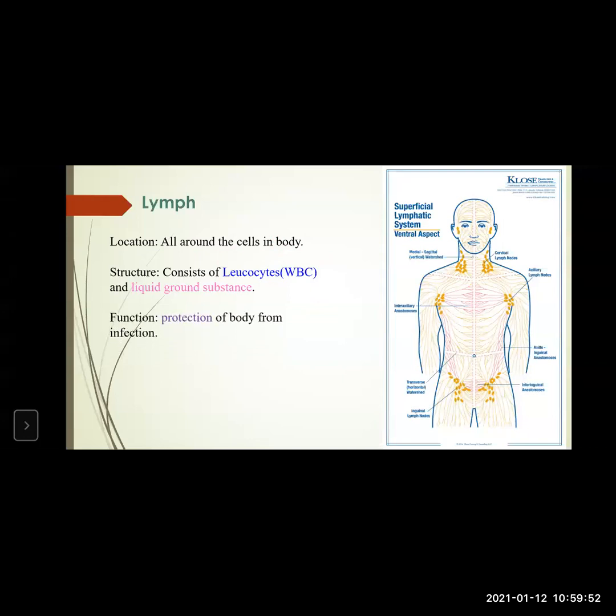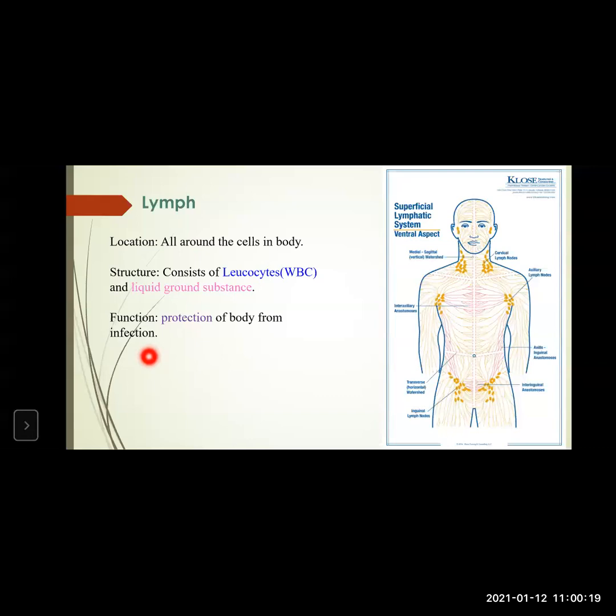What are its functions? As it contains leukocytes, that is WBCs, and I said WBCs are the fighter cells. They prevent any kind of infection from spreading in our body. So protection of the body from infection is the major function of the lymph.